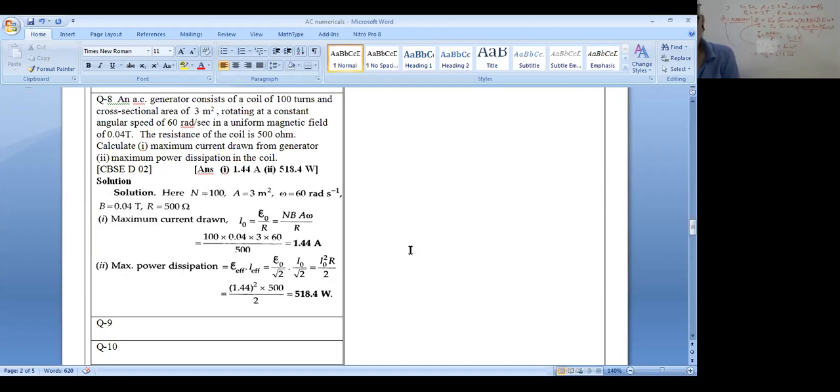Generator questions are simple because there is only a single formula for power: I square R, VI, V square by R, and the current formula is the same. So if a numerical comes on generator, we can easily solve it.